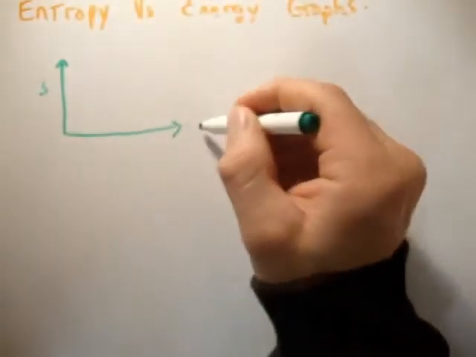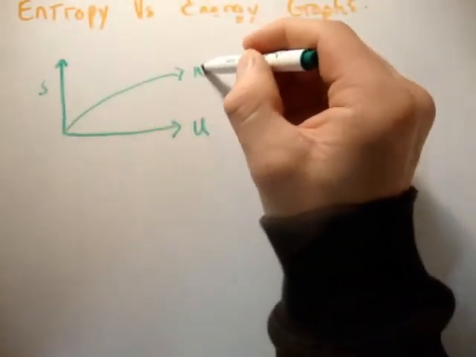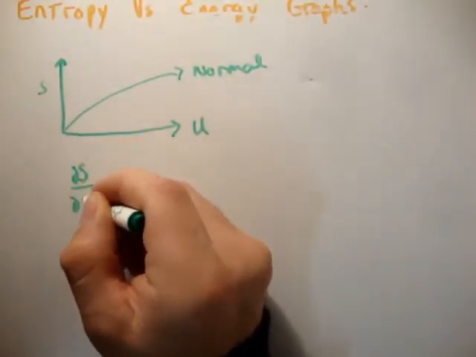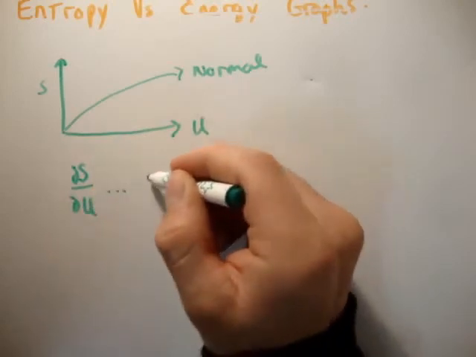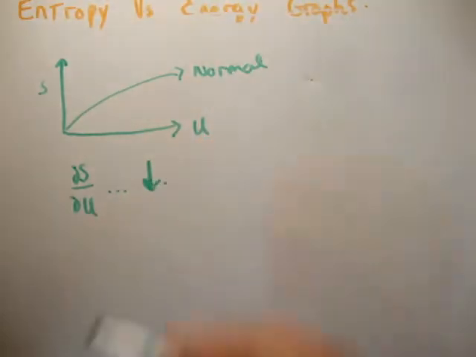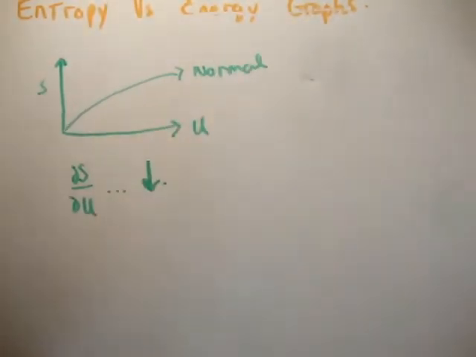this is what we call normal. It's normal because del S del U is going down. As the temperature is increased, the slope is getting smaller.